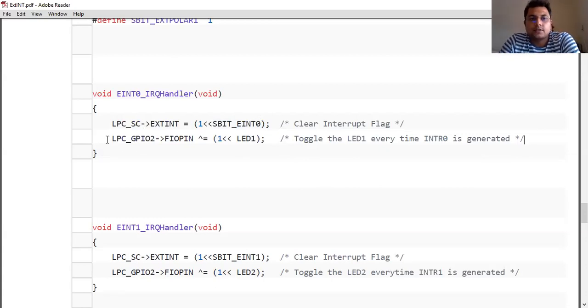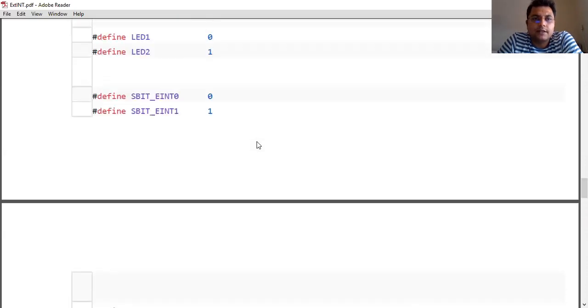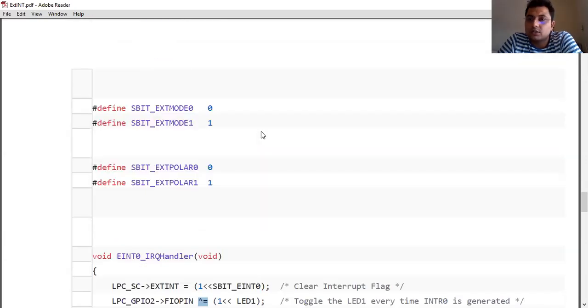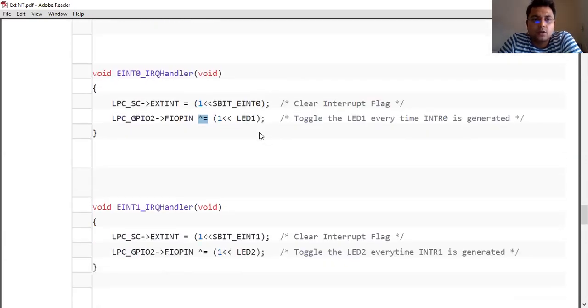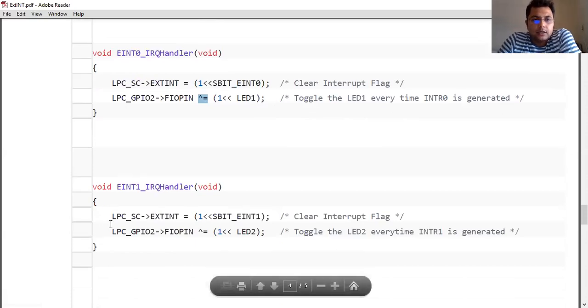Then after that, a simple operation: GPIO 0 FIO pin. Here you are XORing it, so whatever the value is, just toggle it. So LED 1, what is the value of LED 1? LED 1 is 0, meaning the 0th position, P2.0. That pin we are using for connecting with the LED.